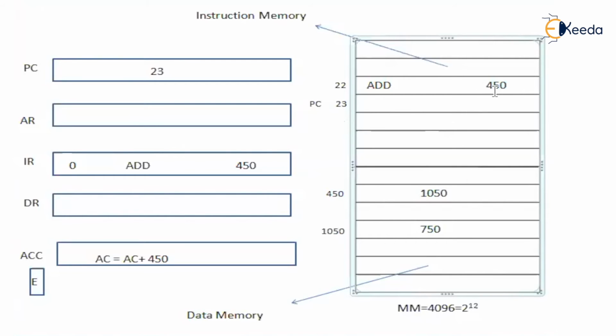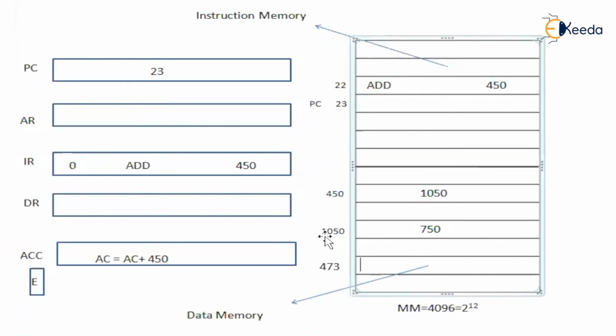The address part of the instruction is 450 and the value of the program counter is 23. 23 plus 450 is equal to 473. I will write it here. The effective address is 473, the effective address in which the operand is available.